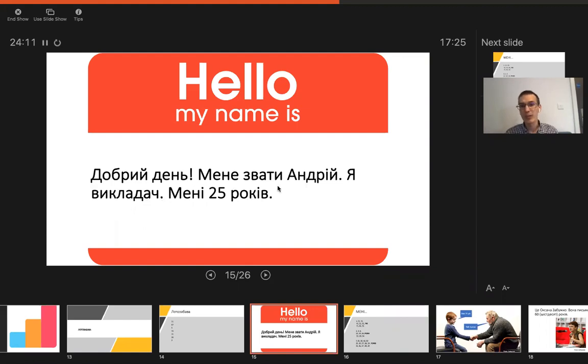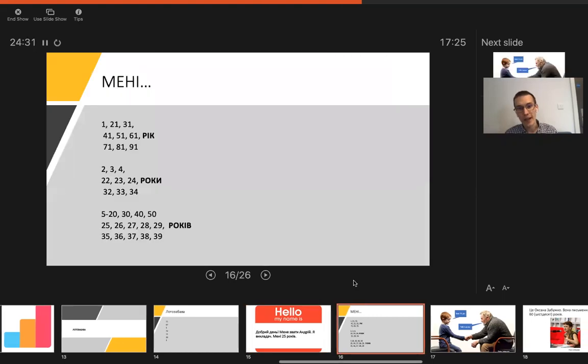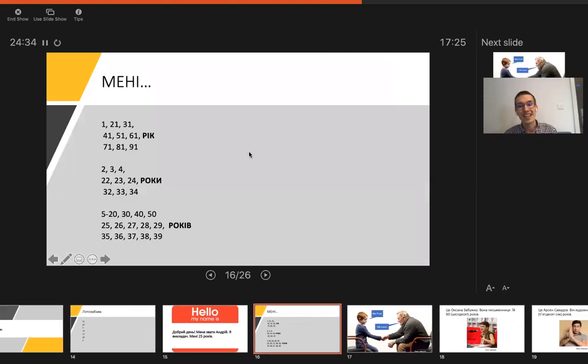And this would be standard, мені, this is how we say your age, and then you give a number, which is also standardized, but then this word might differ. Років, which means years, because the form of it depends on the number.